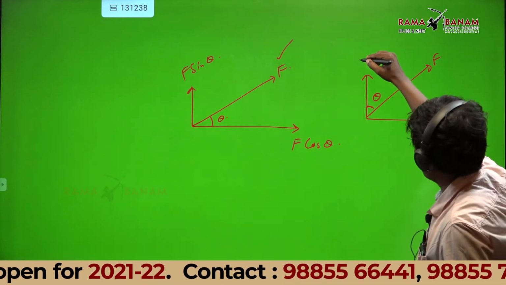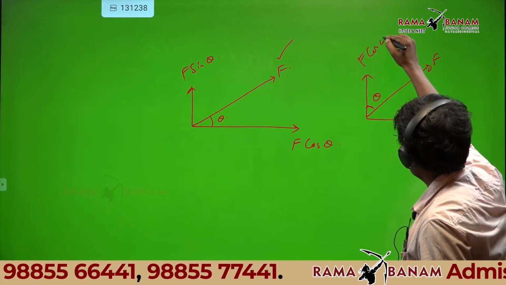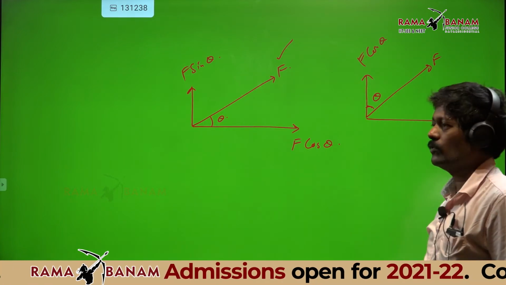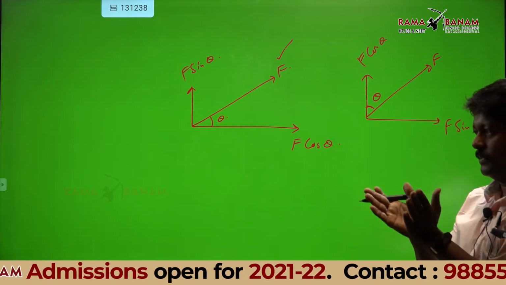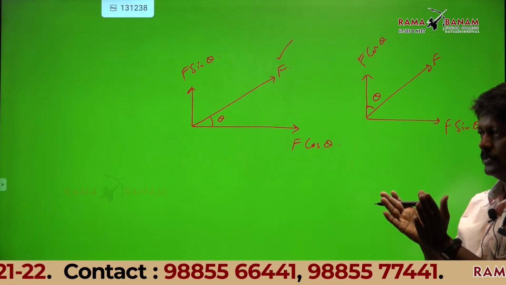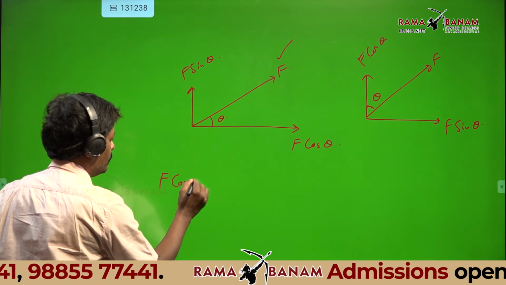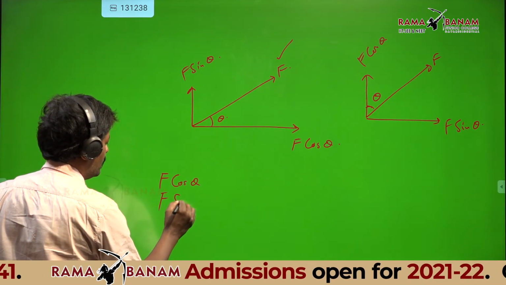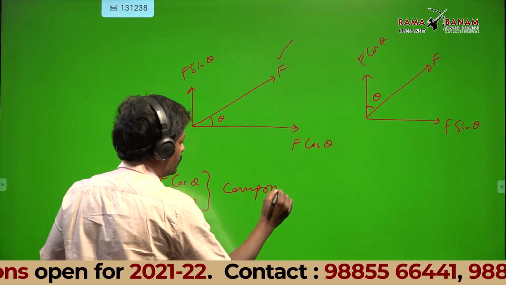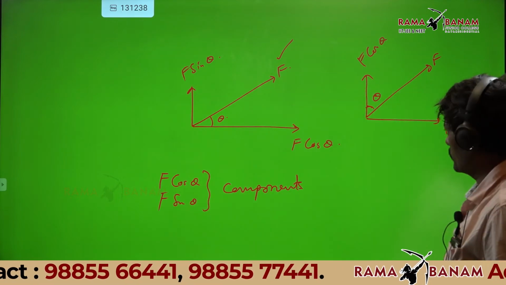So can anyone tell me this one? F cos theta. These are called parts of the vector. Those parts are called components. F cos theta, F sin theta are components. So these two are called the components.